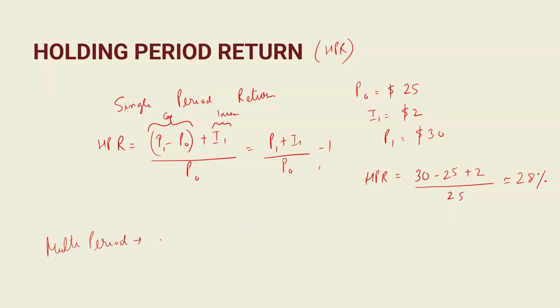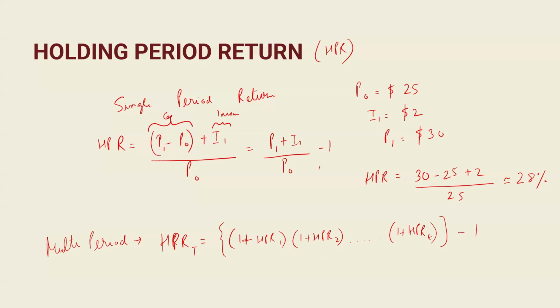So again, HPR multi-period, let's say we have till time period T. This will be equal to (1 plus HPR1) multiplied by (1 plus HPR2) and so on, and we keep on multiplying by (1 plus HPR t), and then minus 1. The reason I've written this small t is that I just want to denote that this was the period between t minus 1 and t.